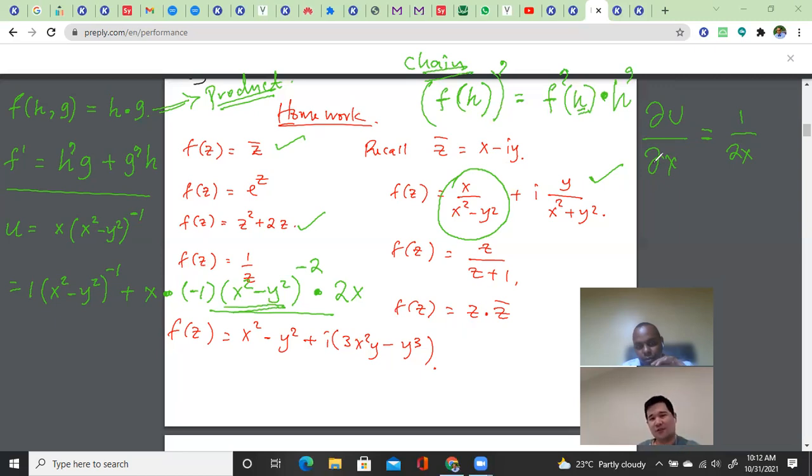Sometimes I don't need to use derivatives. Sometimes I can just put, for example, in the last example, where f(z) equals x squared minus y squared plus i(3x squared y minus y cubed), right? Let me find it. You're talking about this one? Yes.